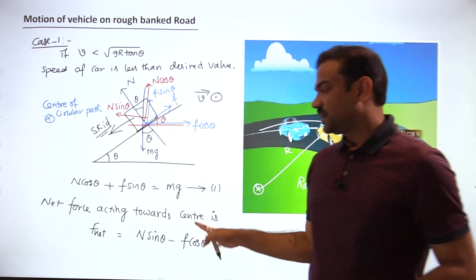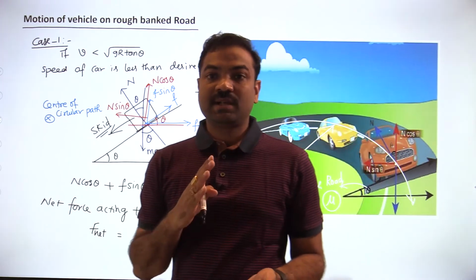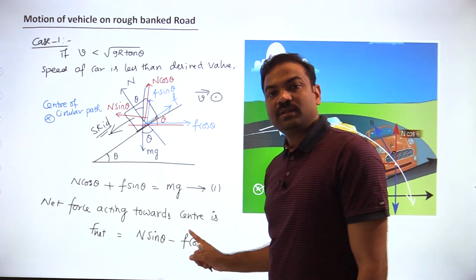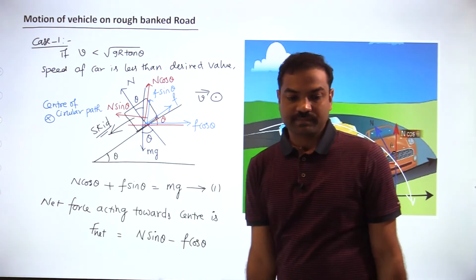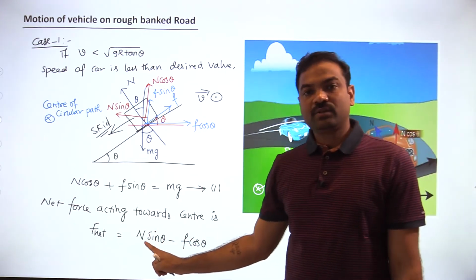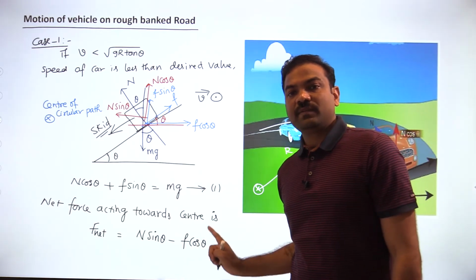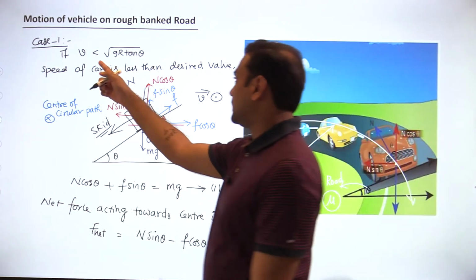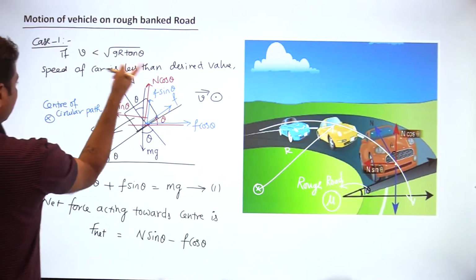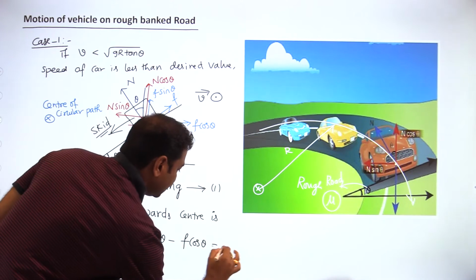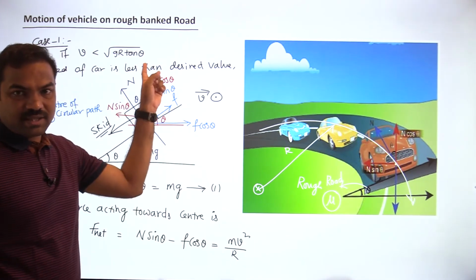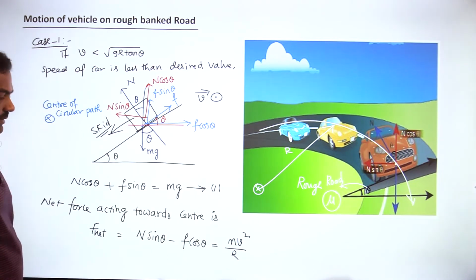This is another important thing: whenever you write the centripetal force, write the forces acting towards the center minus the forces acting away from the center, which is equal to mv square by r. So what is the V maintained? V maintained less than root g r tan theta, so I can write some mv square by r, where the V value is less than root g r tan theta.